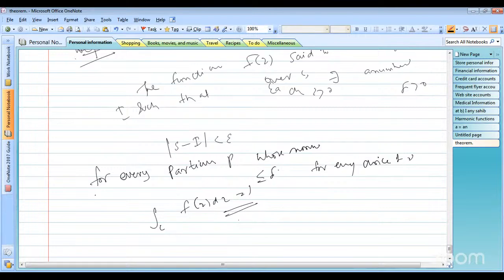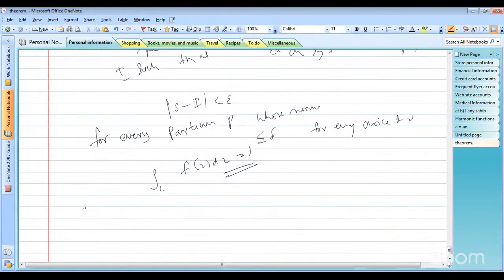But also, with the contour or curve, the integral of f of z over C is denoted by integration over C of f of z dz.